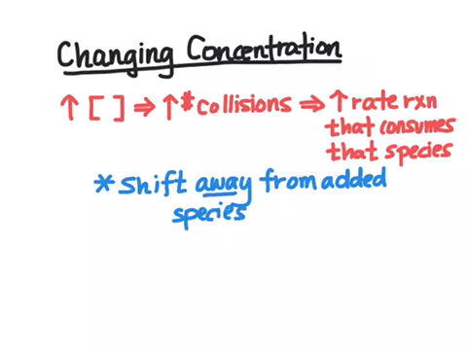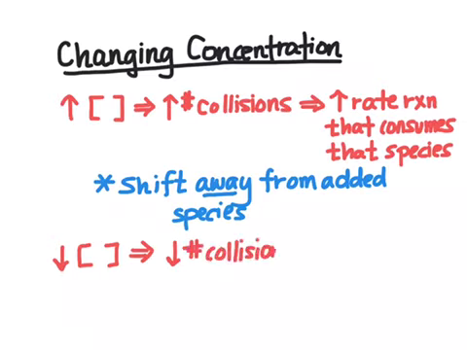Now, if we were to decrease the concentration of a substance or of a species, we're going to decrease the number of collisions that occur. And that's going to decrease the rate of reaction that consumes that species.